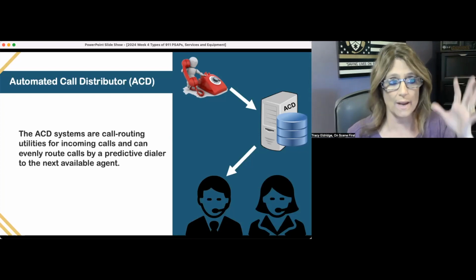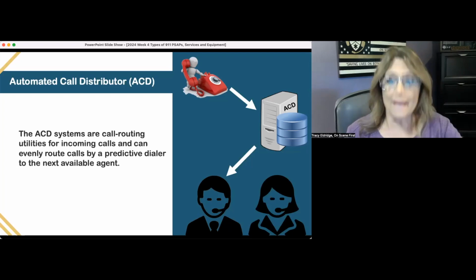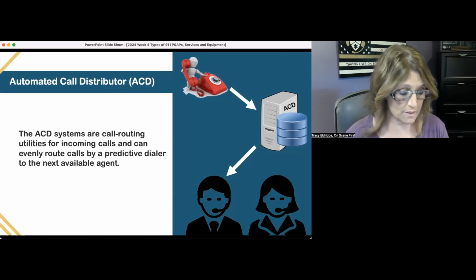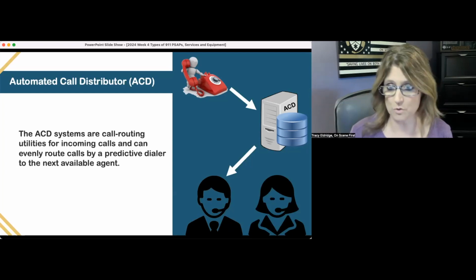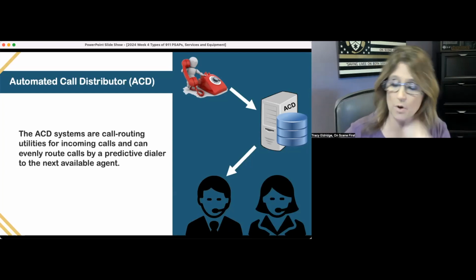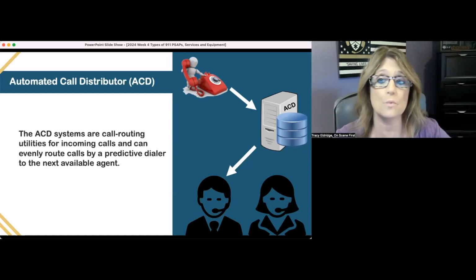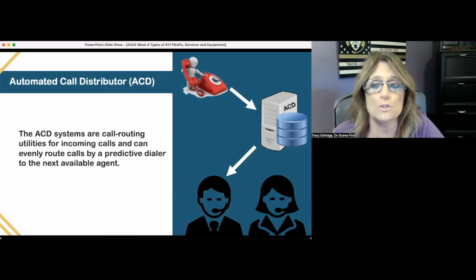There are ways that you can manually dictate which way the call's going to go, whether it's the person that's been free the longest, who's going to get the most recent call, whether this type of call, or an abandoned call, is going to go to this particular dispatcher because they're the ones that are handling the callback. So it's an automated call distributor that can be configured in many different ways.